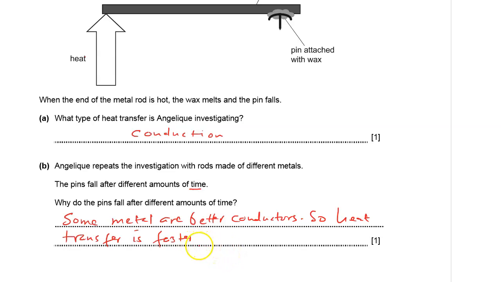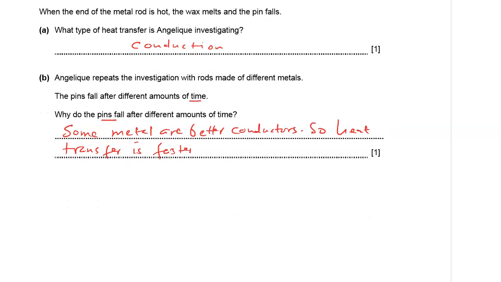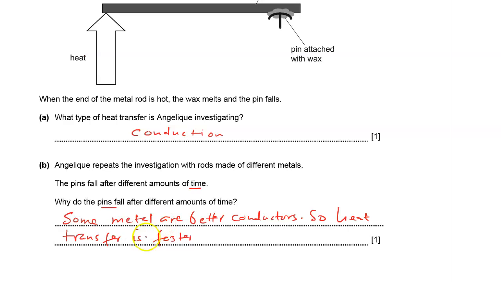And so the pin will fall faster in those metals. While in those metals where the heat transfer is not that fast, it would take a longer amount of time for the heat to transfer through the metal to where the pin is attached before the pin falls. So the better the conductor, the faster the pin falls. The poorer the conductor, the longer it takes for the pin to fall.